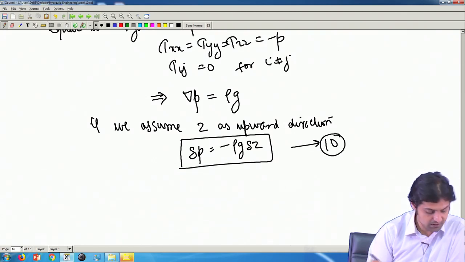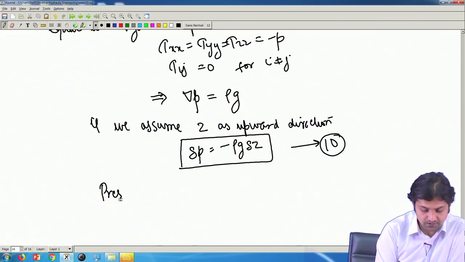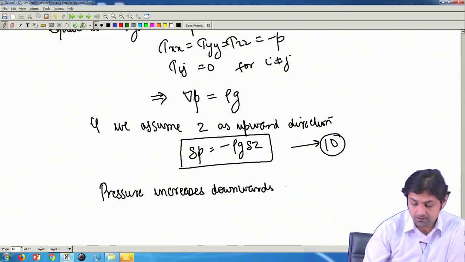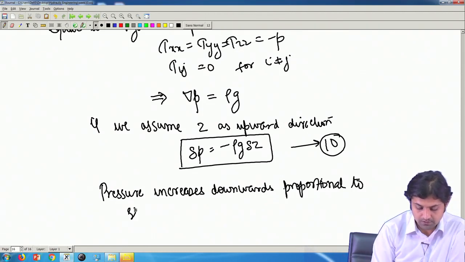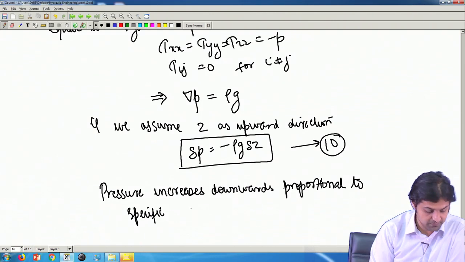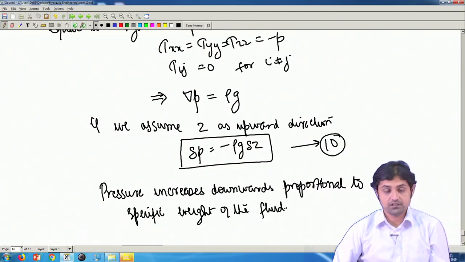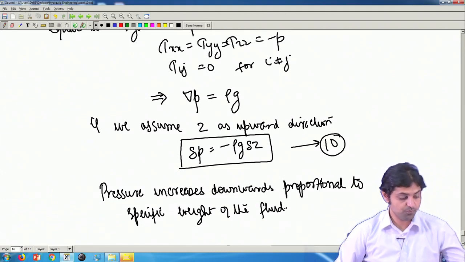This is equation number 10. This means pressure increases downwards proportional to specific weight of the fluid, and this is a very famous equation that we know from before.